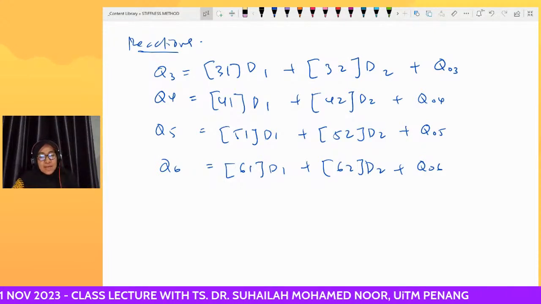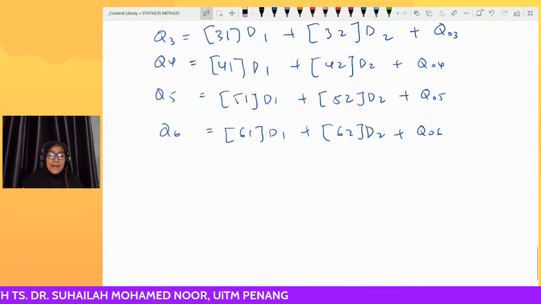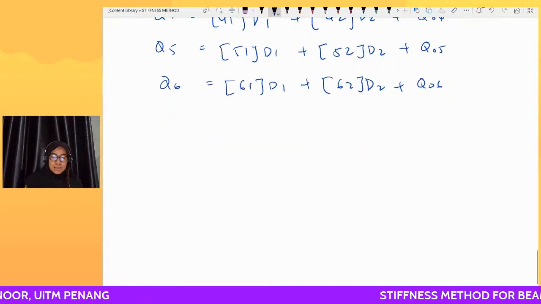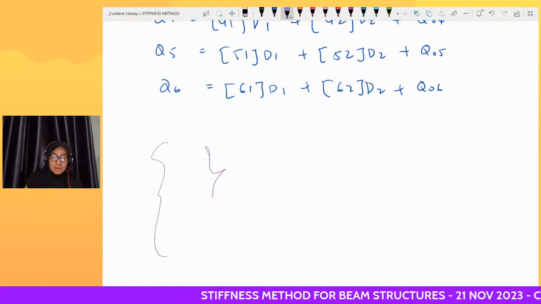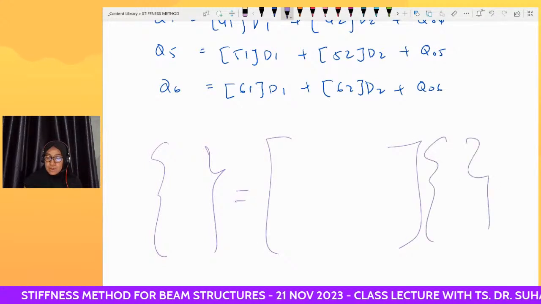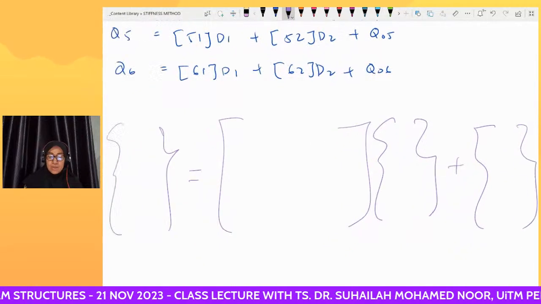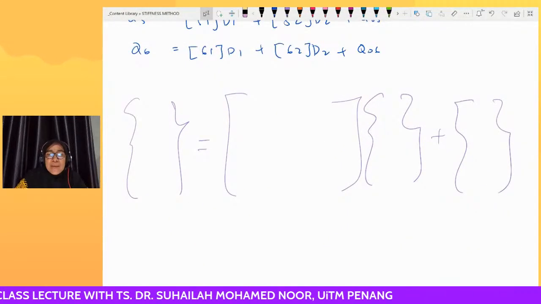All this process we write back from the stiffness equation in full, but this picture you just need to imagine in mind.